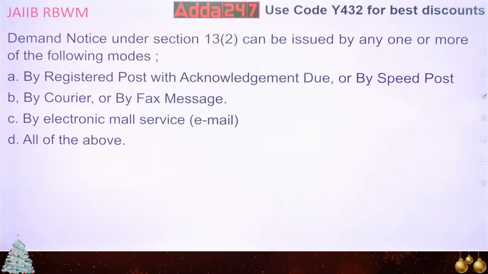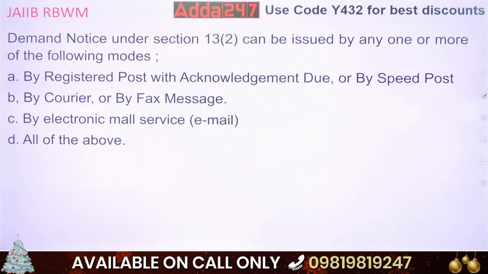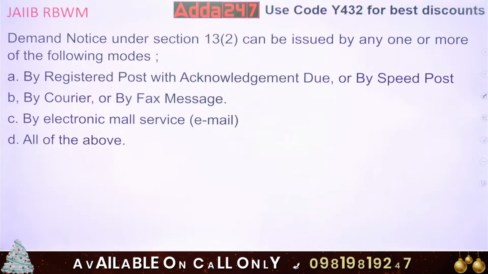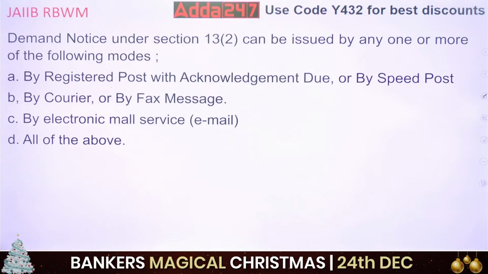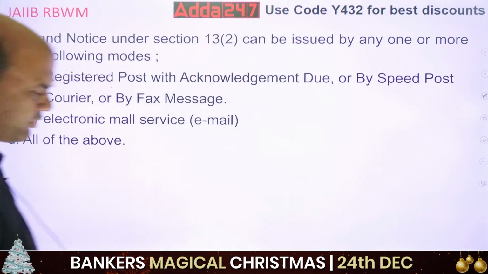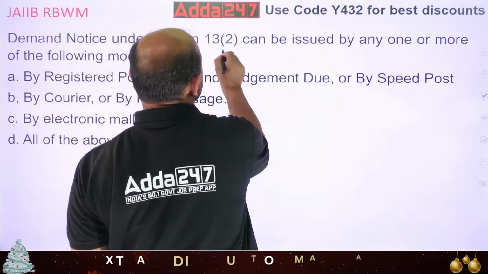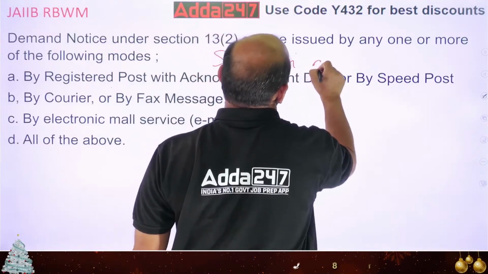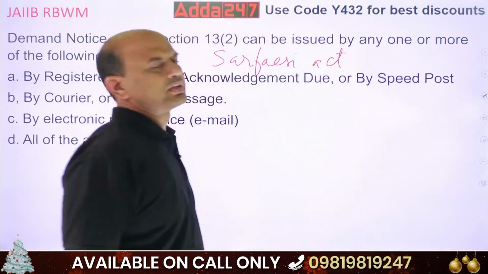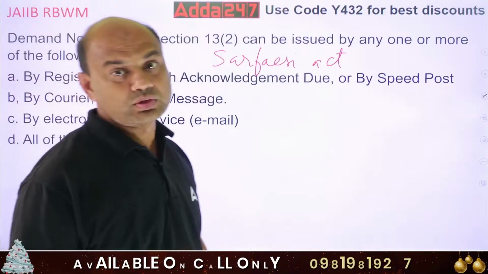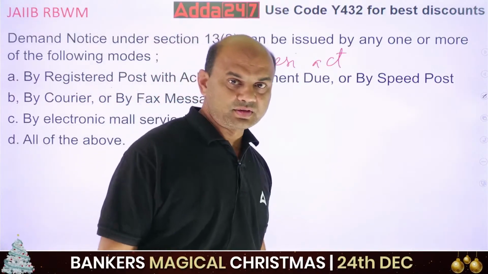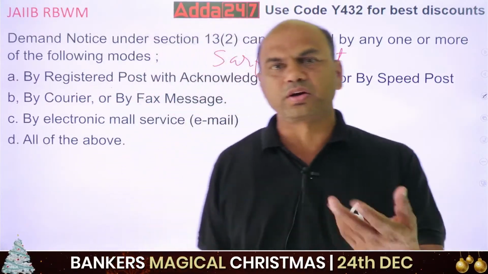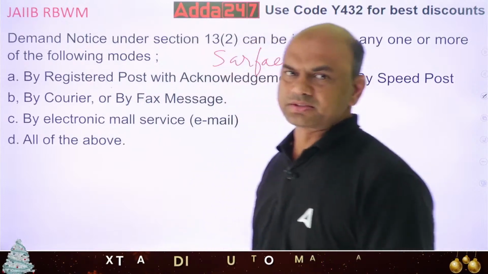Firstly, what is 13(2)? Under which act are we talking? Which is the act we are discussing over here? We are discussing the SARFAESI Act. It was enacted in 2002, and in 2004 it was applied to cooperative banks.